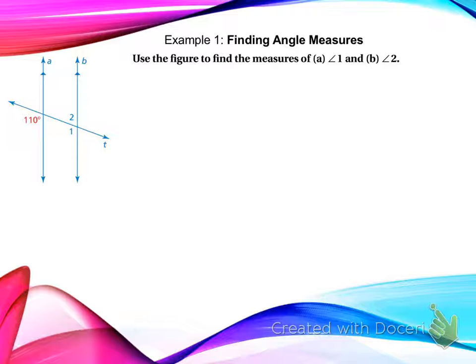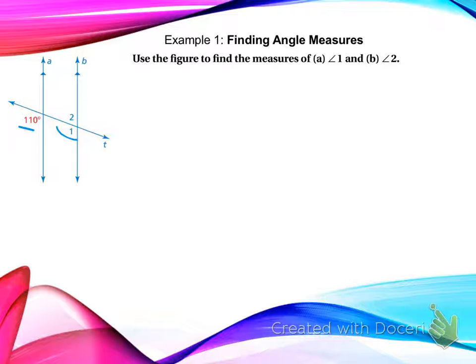Now, looking here, the only angle that's given is right here, this 110 degrees. Well, we can tell by looking at our two parallel lines, which are A and B, that our transversal T, the angle 1 is actually a corresponding angle to the angle that's labeled 110 degrees.